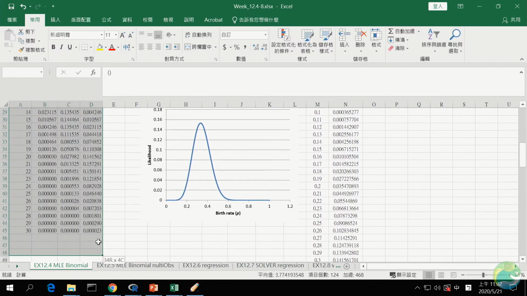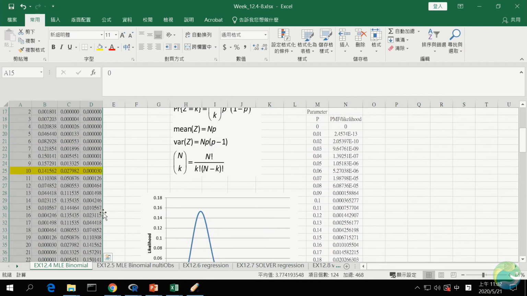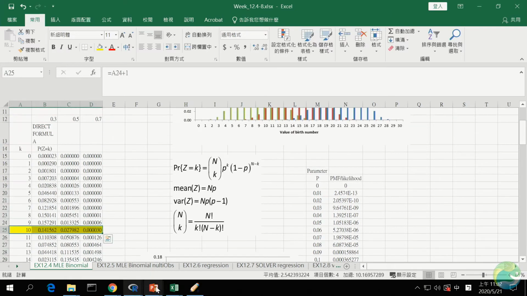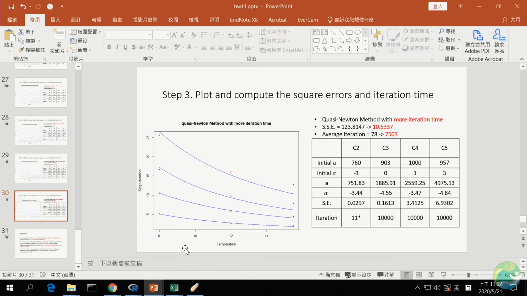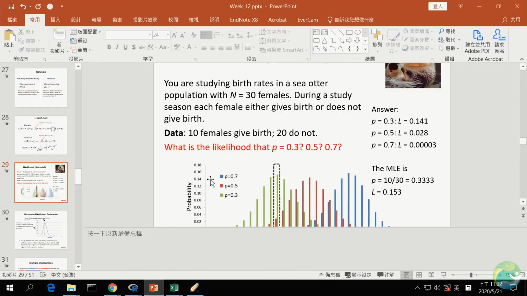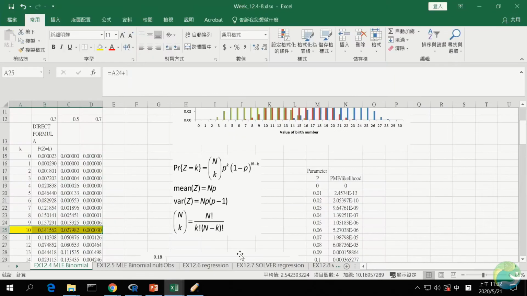But right now, what we have is 10, because 10 females give birth and 20 do not. This is our data. Given the observed data, 10, this is the likelihood for different parameters.